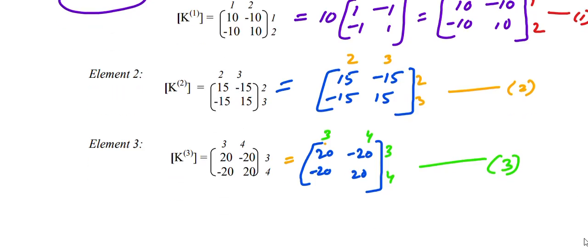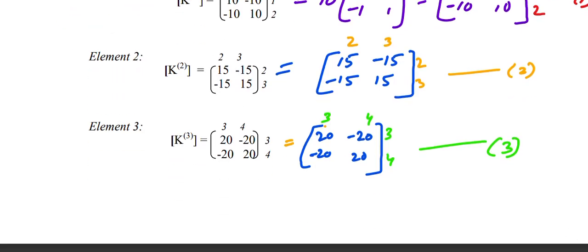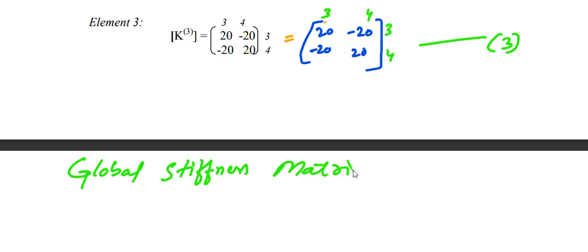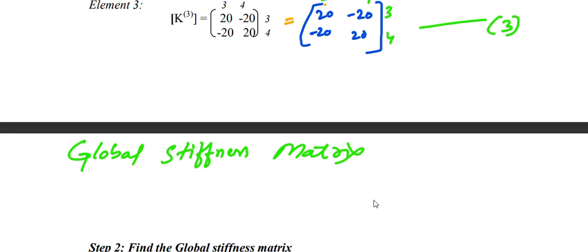After making all these element stiffness matrices, you have to go to the next step, that is the global stiffness matrix. In many videos I have explained the global stiffness matrix, and I've made a separate video on this also.